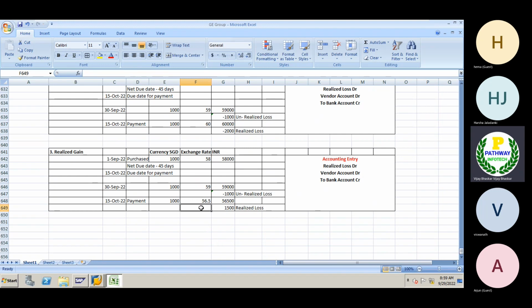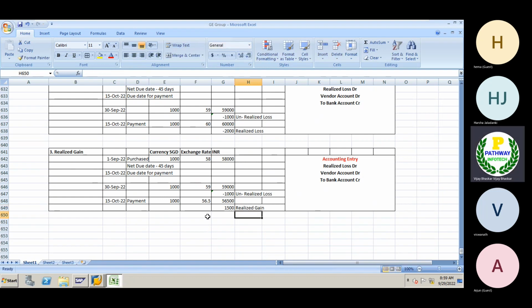Now see, the purchase exchange rate is 58, but the payment exchange rate is 56.5. It means when I purchased, I had to make the payment of 58,000 rupees, but due to the exchange rate fluctuations the exchange rate has gone down, so I have to make payment of only 56,500 rupees to the vendor. This is the realized gain.